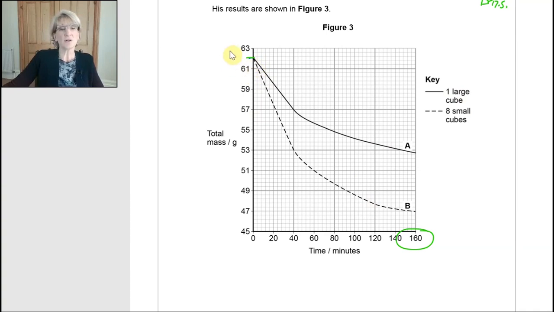They both start off at 62. Be careful of the scale on axes when you're doing this kind of thing. And at 40 minutes, B had ended up at 53 and A had ended up at 57. So the difference for A is 5 and the difference for B is 9.